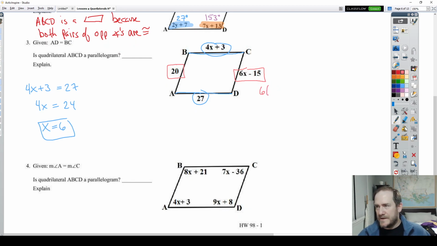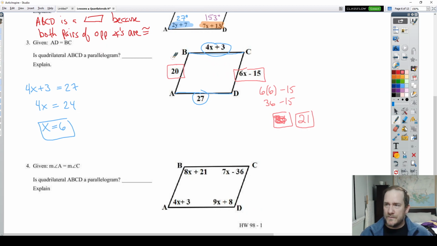But 6 times 6 take away 15. That's 36 take away 15. That is 21. My bad. I'm going to just rewrite it. 21. Okay, so guess what? We are not a parallelogram because this side at 20 is not quite the same as this side here at 21. So is it a parallelogram?